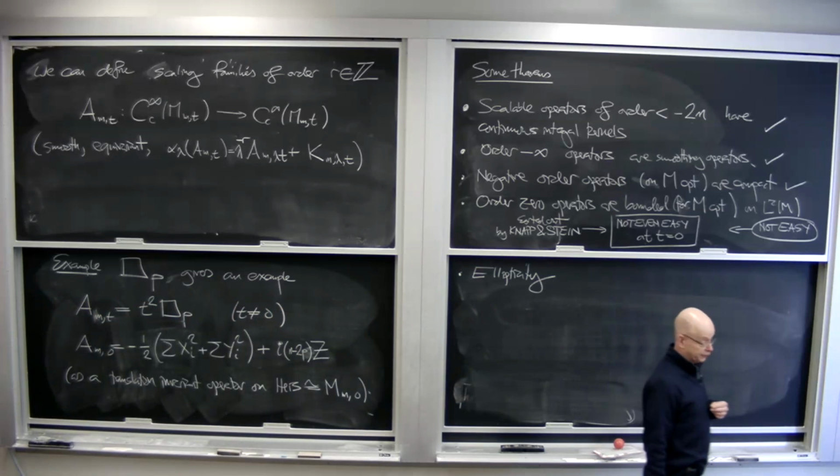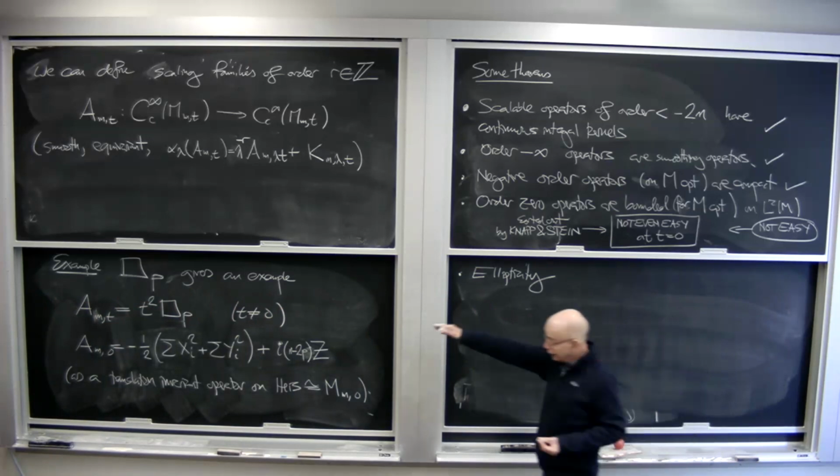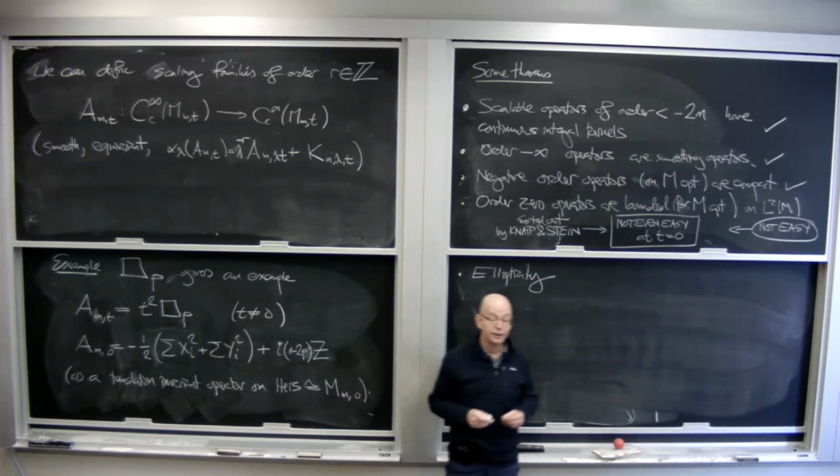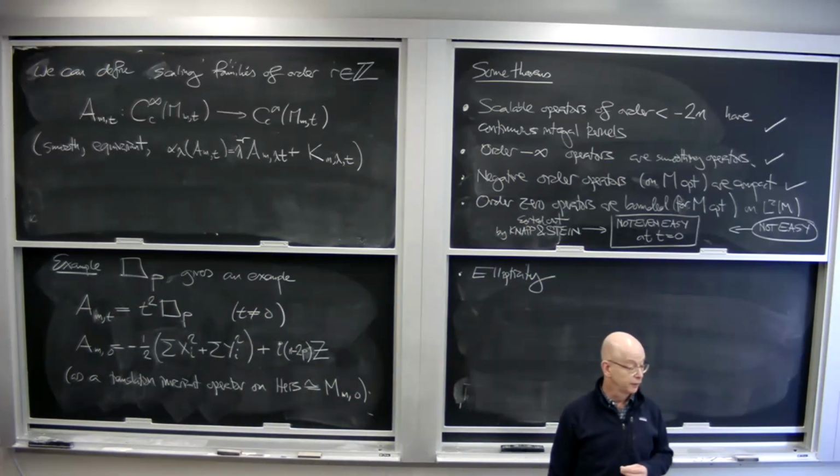And it's a theorem that if an operator is elliptic, which is a symbol condition, a t equals 0 condition, which you evaluate by looking at translation invariant operators and so on, then it does have a pseudo-local parametrix, can be inverted, so to speak, modulo smoothing operators. And it's the same proof.